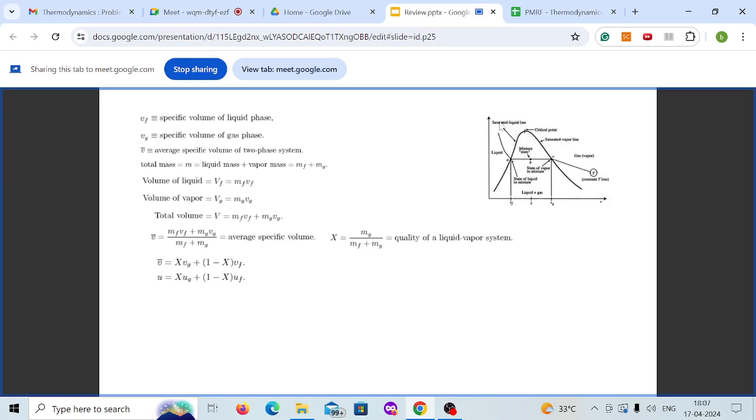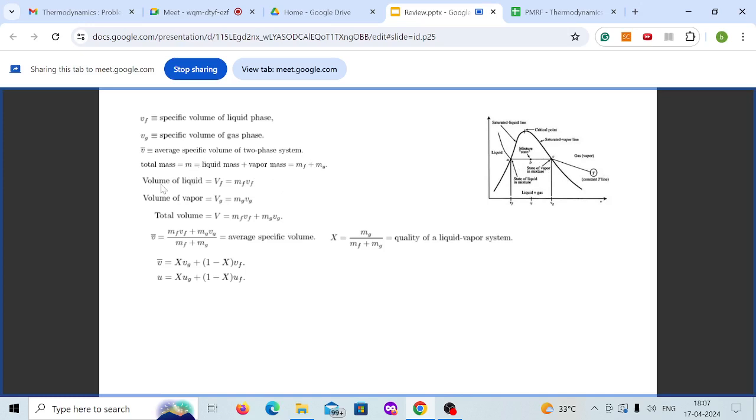And for any temperature T, state A is a saturated liquid, state C is a saturated vapor, and B is any mixture state. From there the saturated specific volumes are defined as Vf and Vg. Then the total mass of the system at point B is the liquid mass plus vapor mass.